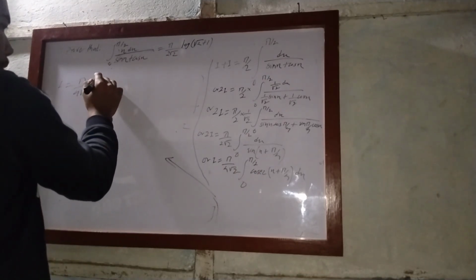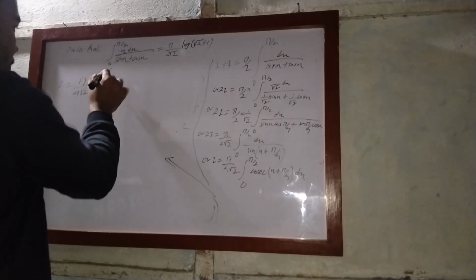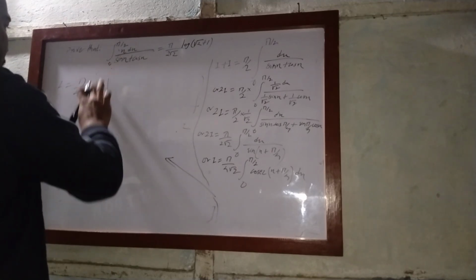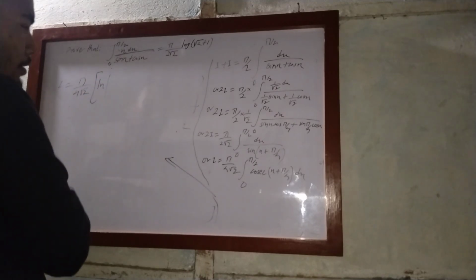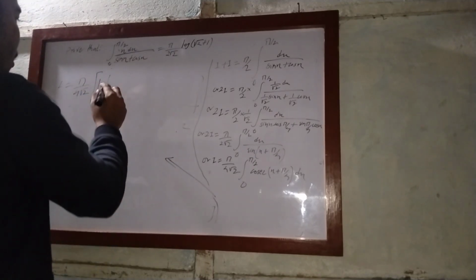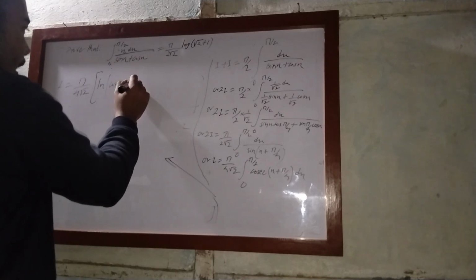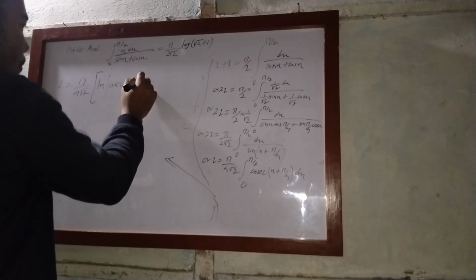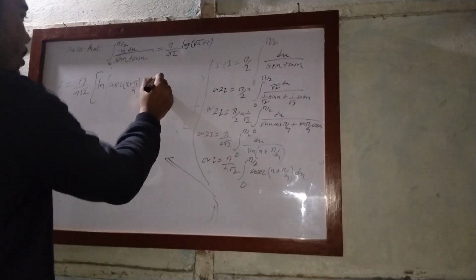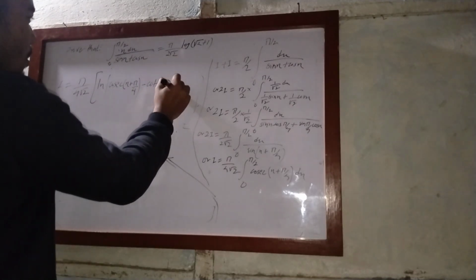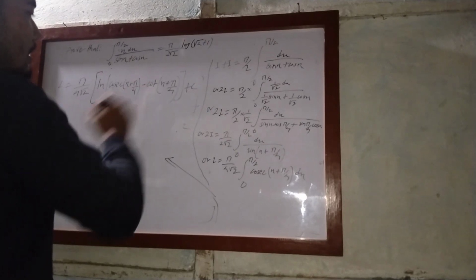We put here ln cosec x plus pi by 4 minus cot x plus pi by 4 plus c.